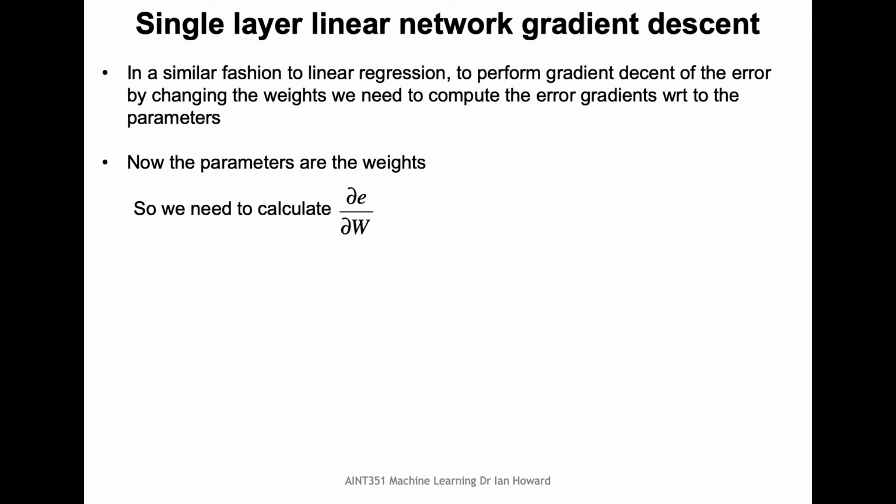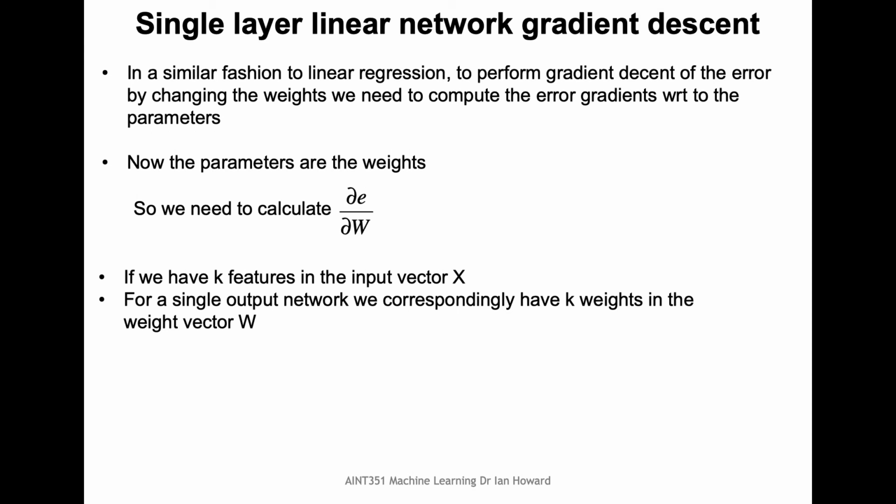And don't forget, E is going to be a scalar value and W is going to be our weight matrix in general, right? If we've got K features in the input data, so in this case we're saying we have K features x1, x2 plus this augmented 1, so it will be 3. We have to have the corresponding number of values in the weight matrix as well.